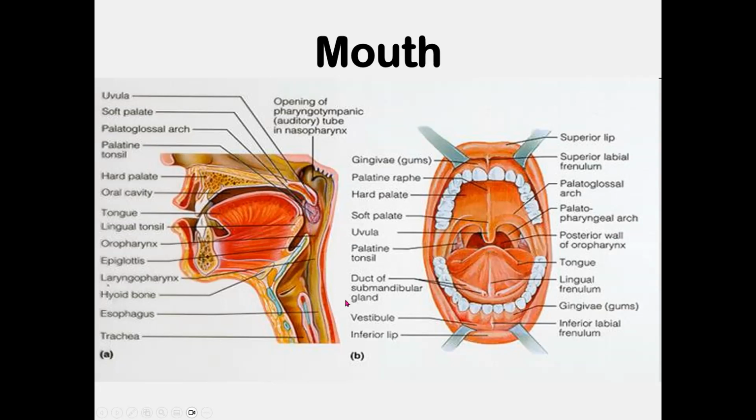And above that is the nose. As you can see, there's very little separating the nose cavity from the mouth cavity. But this uvula is very important. When you swallow, you cover the trachea, so you don't get food into the lungs.